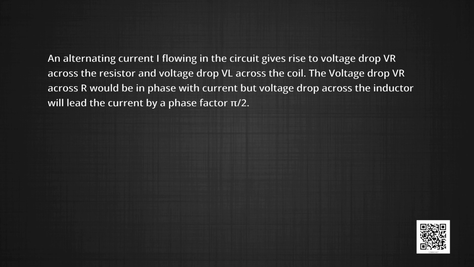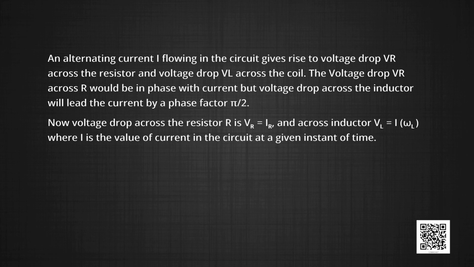The voltage drop VR across R would be in phase with the current, but the voltage drop across the inductor will lead the current by a phase difference of π/2. Now, the voltage drop across the resistor R is VR = IR and across the inductor VL = IωL, where I is the value of current in the circuit at a given instant of time.